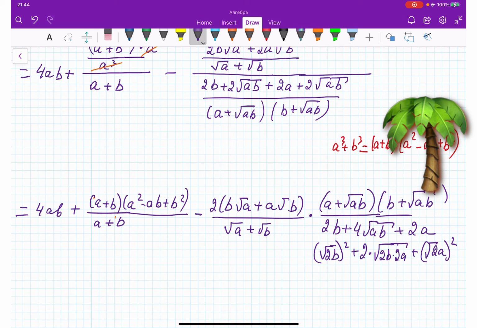So I got here a squared, a plus b squared. So from here I'm getting square root 2b plus square root 2a squared. Yes? Okay, so let me clean this one. Excuse me.